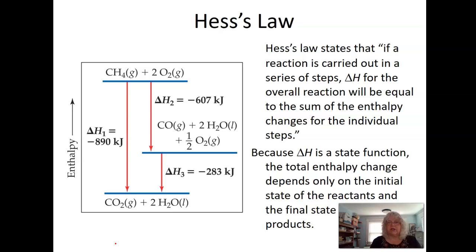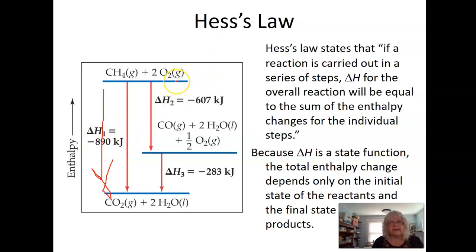The total enthalpy change depends only on the initial and final states of the products and the reactants. If you look at this reaction, you've got methane and oxygen turning into carbon dioxide and water. Here on the outside, we've got this happening in one step, and I get minus 890 kilojoules.